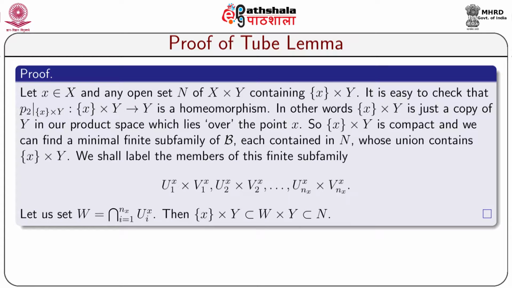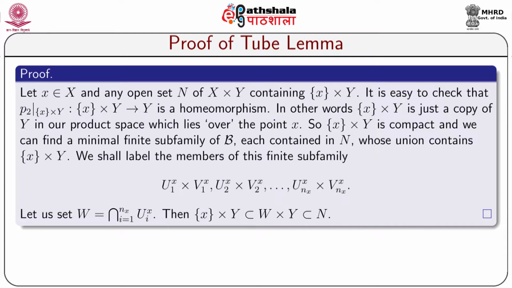So, let us come to the proof of the tube lemma. Let x belong to capital X and N be an open set in X Cartesian product Y containing the slice x cross Y. Now, the mapping P2 restricted on the slice x cross Y from x cross Y to Y is a homeomorphism.